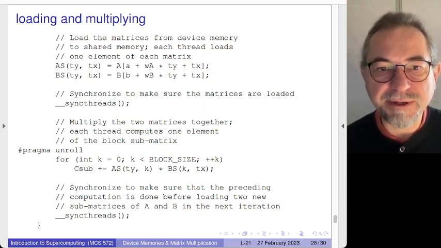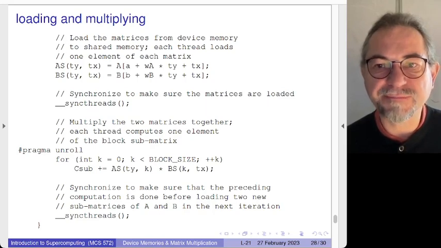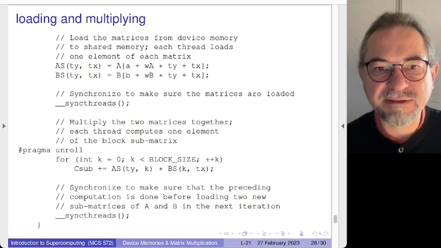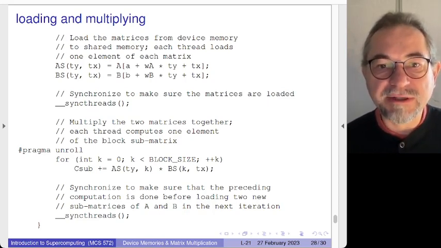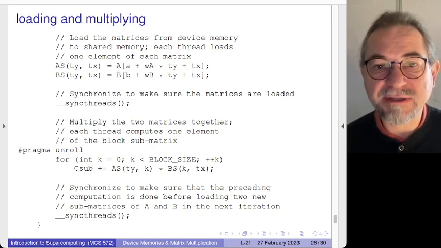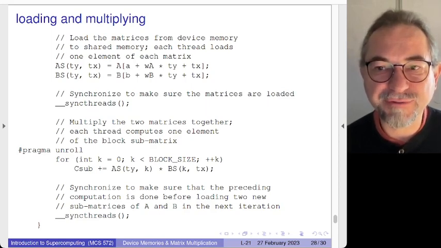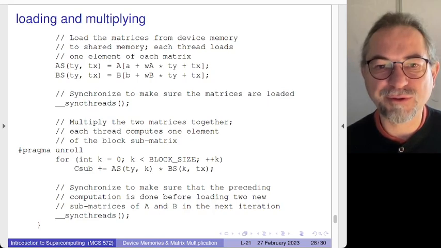So this is data parallelism. Every thread has a first name and a last name, which is threadIdx.x and threadIdx.y. So there is the linear addressing space.